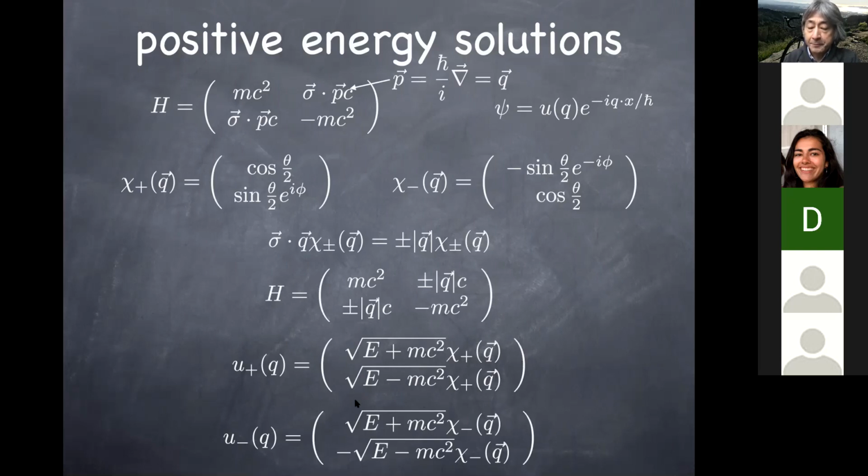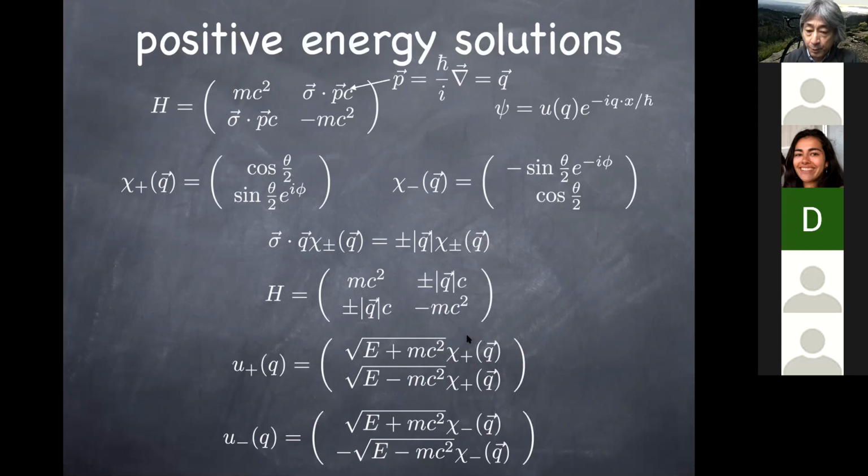So when I say 1, 0, 0, 0 for the particle at rest with spin up in z direction, what I'm referring to is that this chi plus is 1, 0 as a 2-component spinor. I plug in the 2-component spinor here and there. So I have 1, 0 times square root 2mc squared.